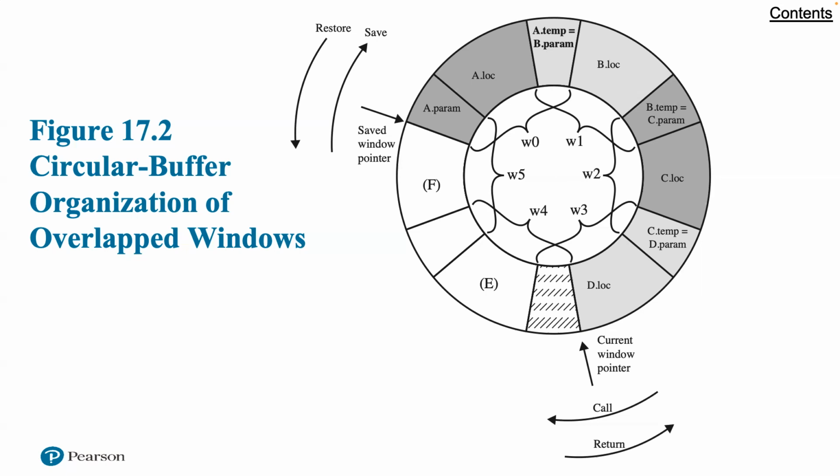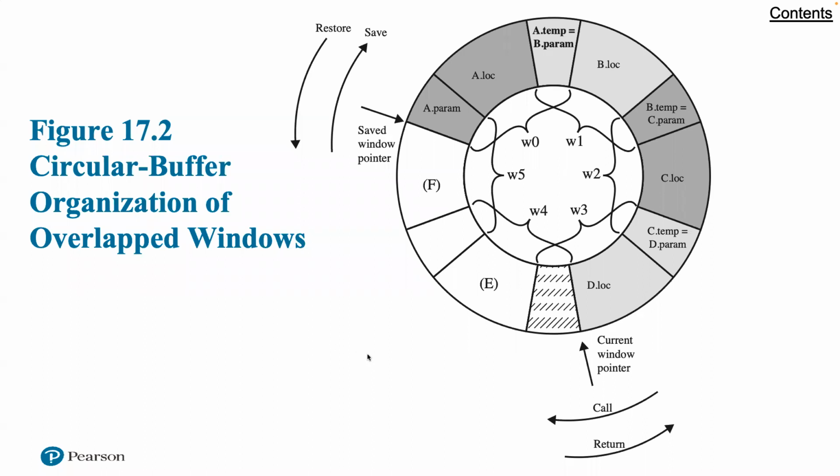The value of N need not be large, as the textbook refers to one of the studies pointing this out. One study found with 8 windows, a save or restore is needed on only 1% of the calls or returns. The Berkeley RISC computers use 8 windows of 16 registers each. The Pyramid computer employs 16 windows of 32 registers each.